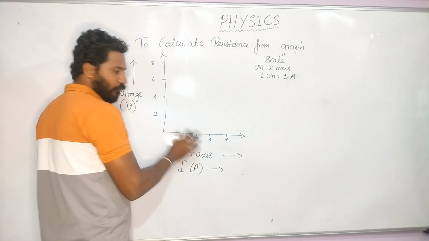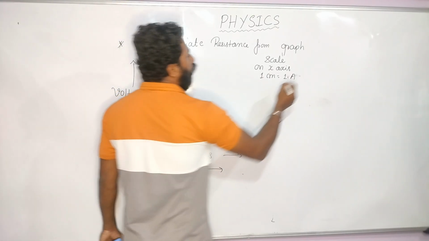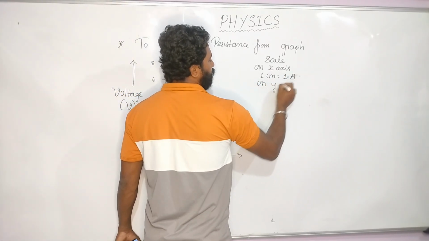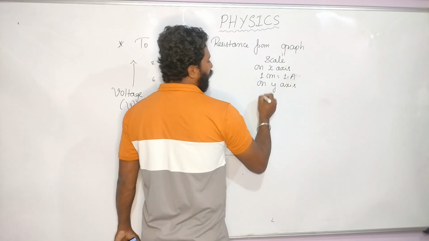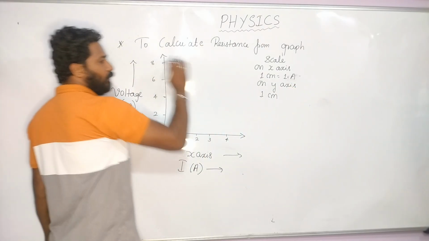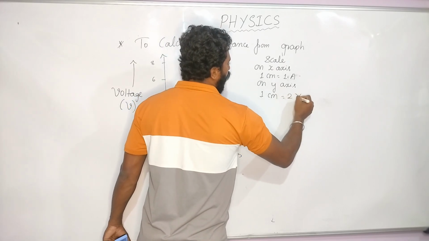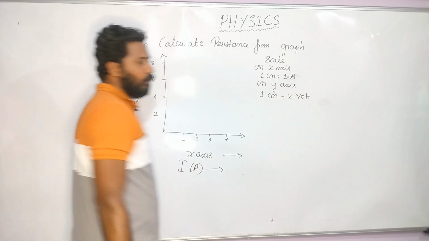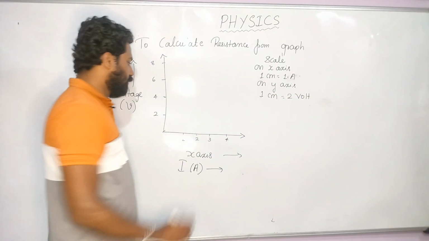On the y-axis, 1 centimeter means, you can see, 2 I have taken, which means 2 volt. Like this you have to take the scale.